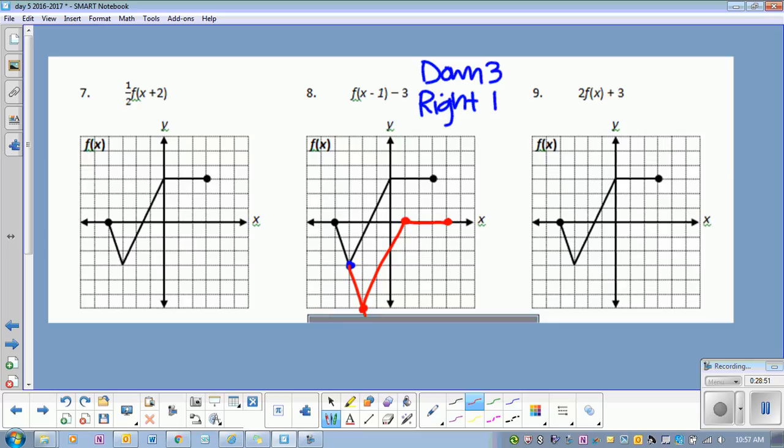Number 7. So, Abner, tell me the transformations that happened here. This 1/2. Okay, so it compresses. And what about this +2 inside with the x? Good, left 2. So, guys, whenever you have a number that's in front, you're just multiplying it, right?